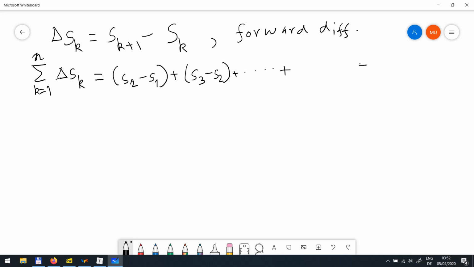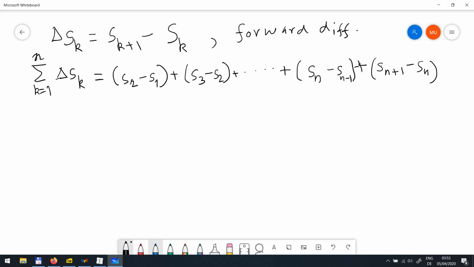Maybe I should write the last two terms as well. The last will be, because Sn has to be subtracted from the next, the next term is Sn plus 1. And the previous term was Sn minus 1, and that will be subtracted from the next. So Sn becomes the next.